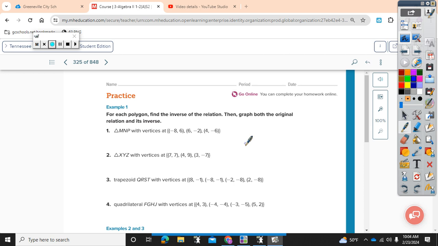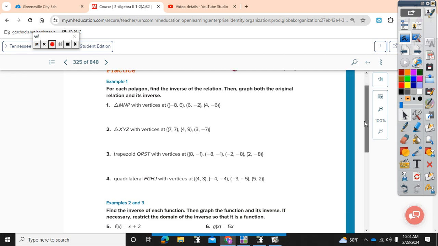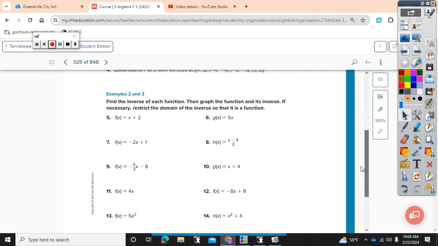So the inverse of (-6, -8) is (-8, -6), and so on for the other pairs. Okay, switch x and y is how you find the inverse. That's too easy, really. Now, that's how you do 1 through 4.